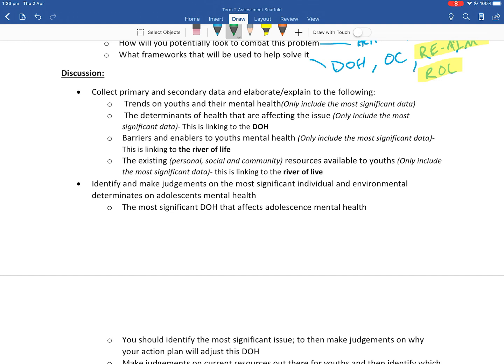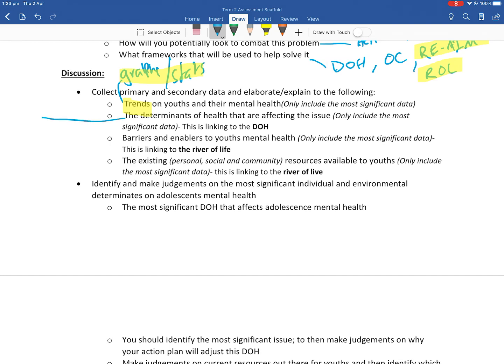Alright, so you will be collecting primary and secondary data on the following. Trends on use. Trends generally come from graphs and stats. This also can be done through words, but they generally come from graphs and stats. Your determinants of health, we all should know about your determinants of health.